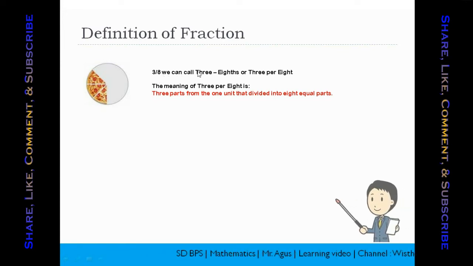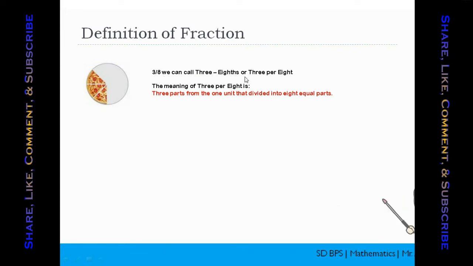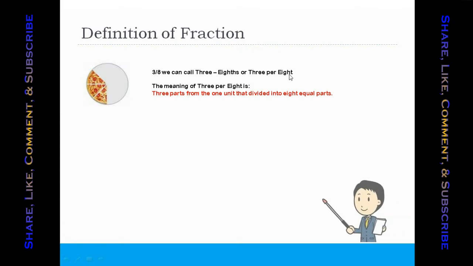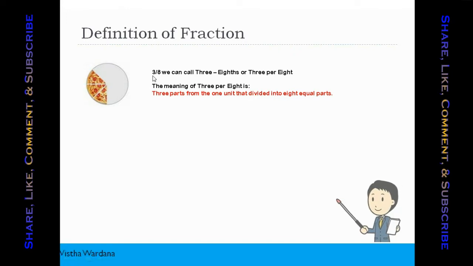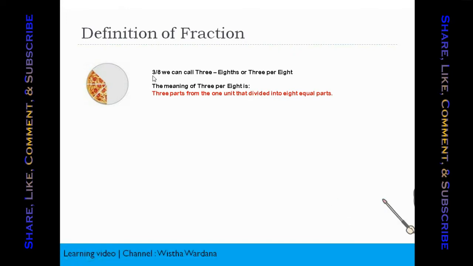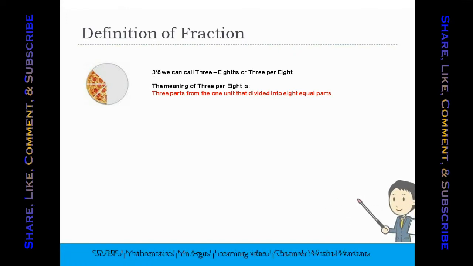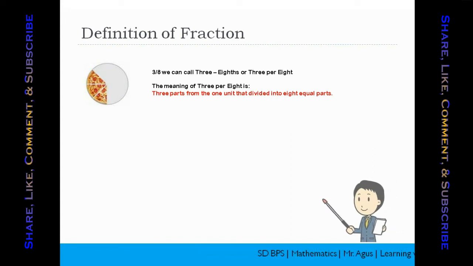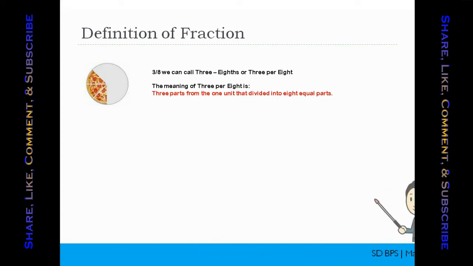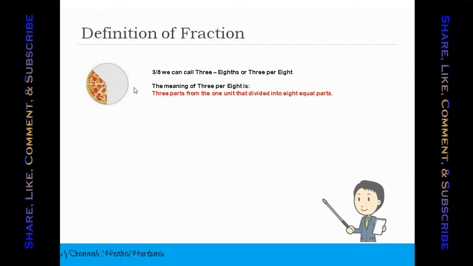We can call 3/8 or 3 per 8. In this case, the numerator is 3 because we have 3 parts of them. And the denominator is 8 because one pizza divided into 8 equal parts.